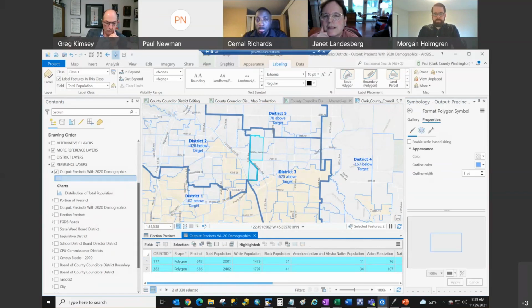Wouldn't it change District 3's population? Yes, but District 3's population is 620 above, and District 2's population is 400 below. So it'll flip it to District 3 being below, and I think District 2 being above.